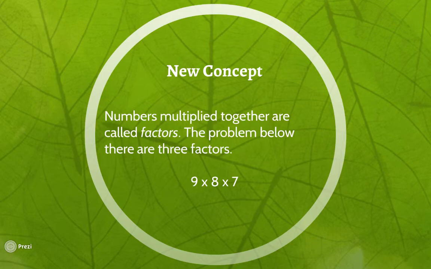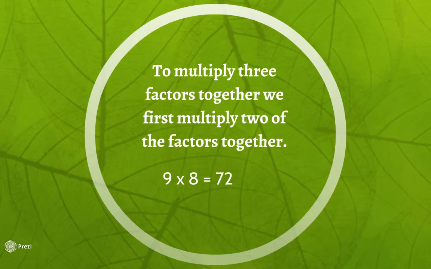In the problem below, there are three factors: 9 times 8 times 7. I could also write that as 7 times 9 times 8. Because of the commutative property, no matter what order you multiply them in, your answer is always going to be the same. First, we're going to do 9 times 8, which equals 72.